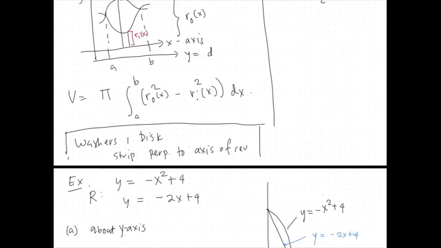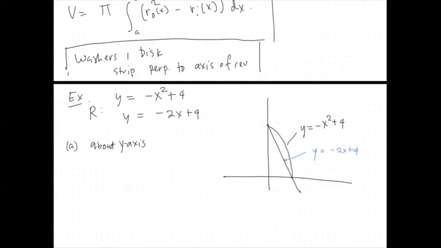That means if this is your axis and you revolve here, the strip is perpendicular to this axis. So here, this is your region.